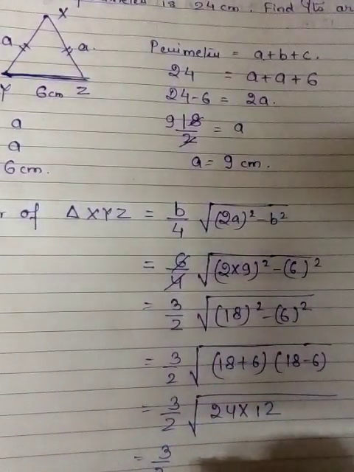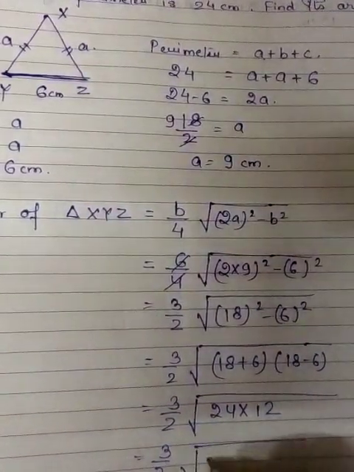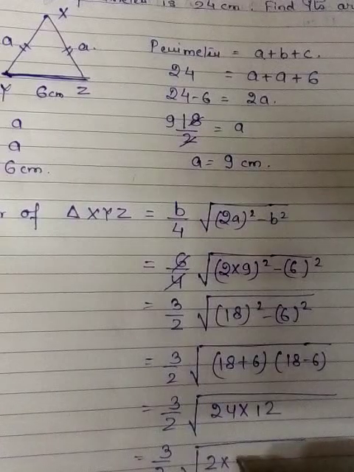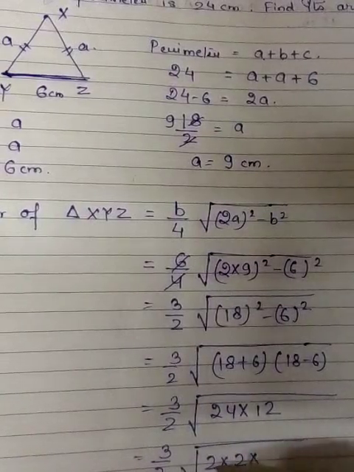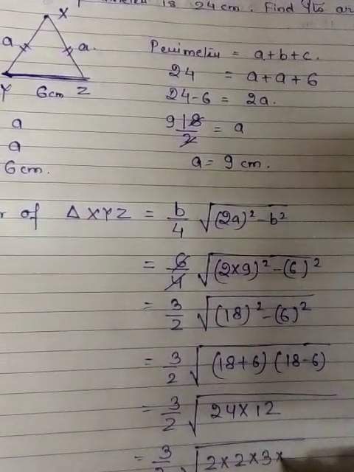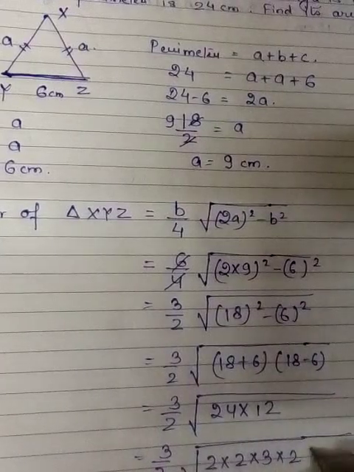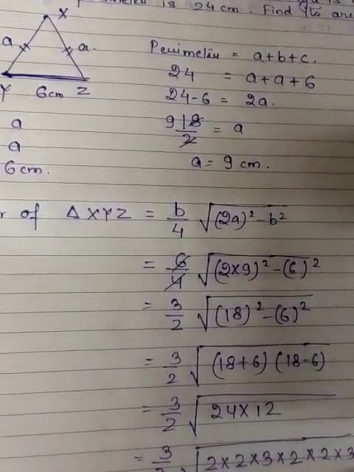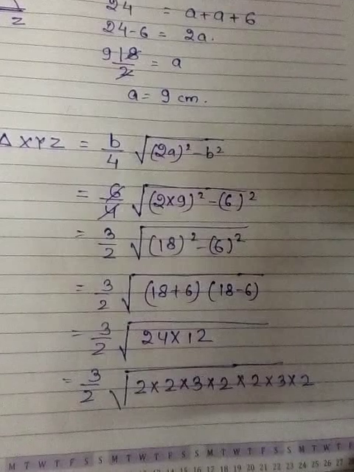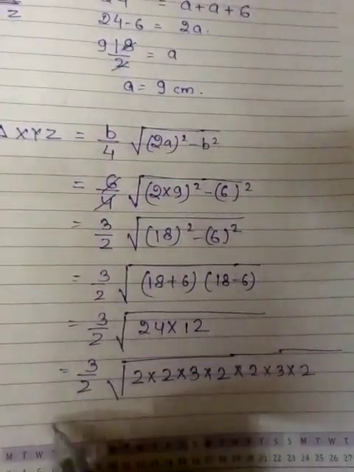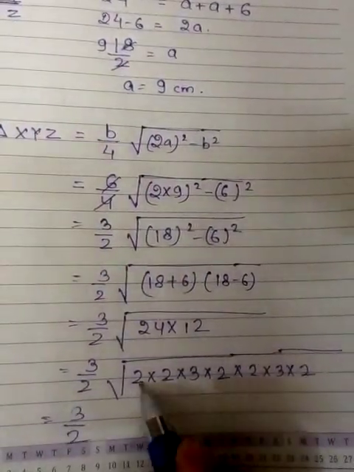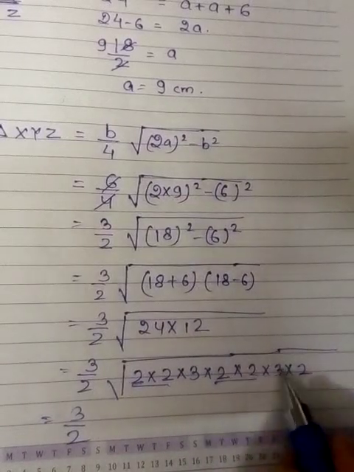Now 24 can be written as 2 into 2 into 2, and 12 is 2 into 3 into 2. Now I will make a pair. So these two, this 2 and this 3.